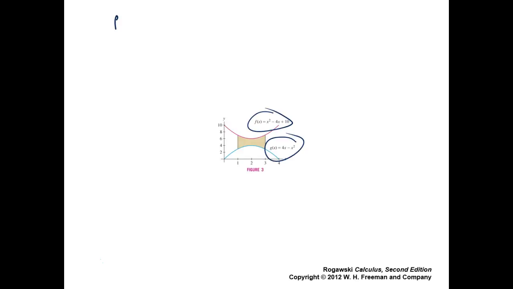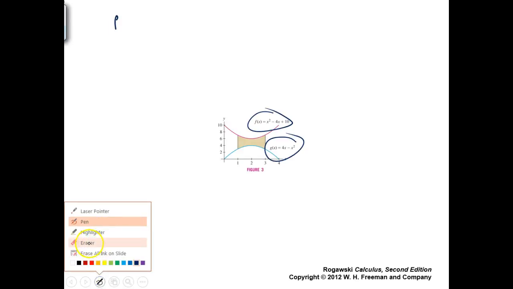It really doesn't matter, because if you did the integral and came up with a negative answer, you'd know you just had them reversed. But it's not a bad idea to sketch first. If you have a graphing calculator, sometimes you can get that to do the sketching for you, and you see, yeah, they don't cross anywhere, and f is always on top. So we'll go with that. I'm not going to do the second part. They've already drawn it for you, so let's move on from there.